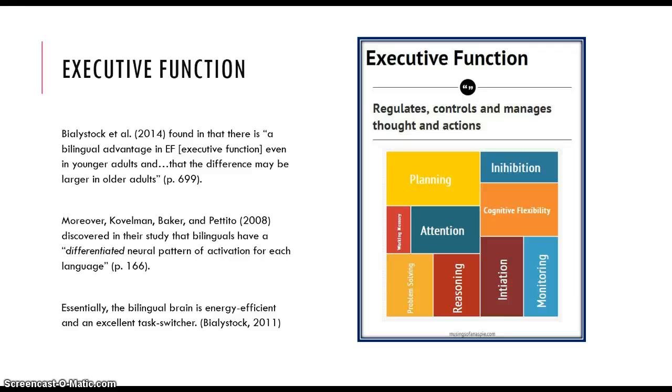By looking at the scans, you can see, oh, right now they're functioning in language 1, and now they're functioning in language 2. There's a distinct neural signature for that. The bilingual brain is energy efficient, it does not waste time, and it's an excellent task switcher. So the bilingual person is able to focus on a few more things at a time, and they're able to have a more streamlined thought process.